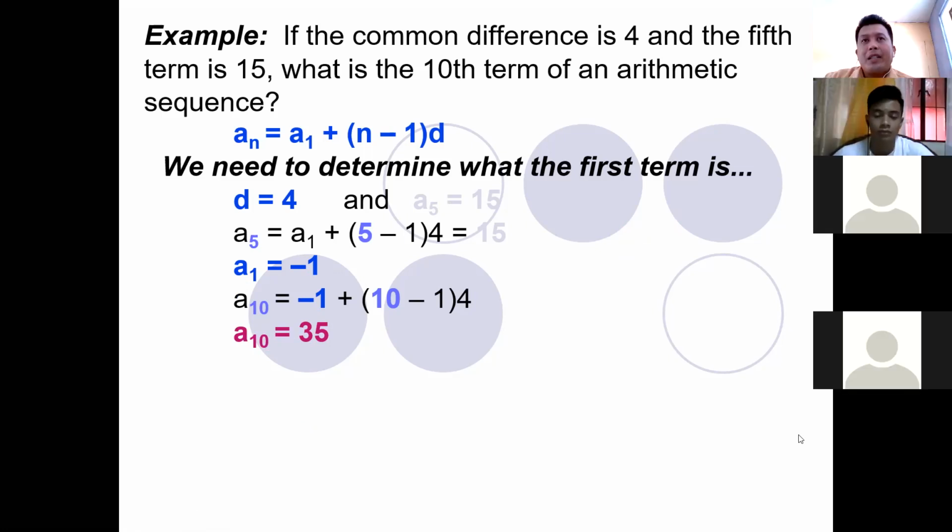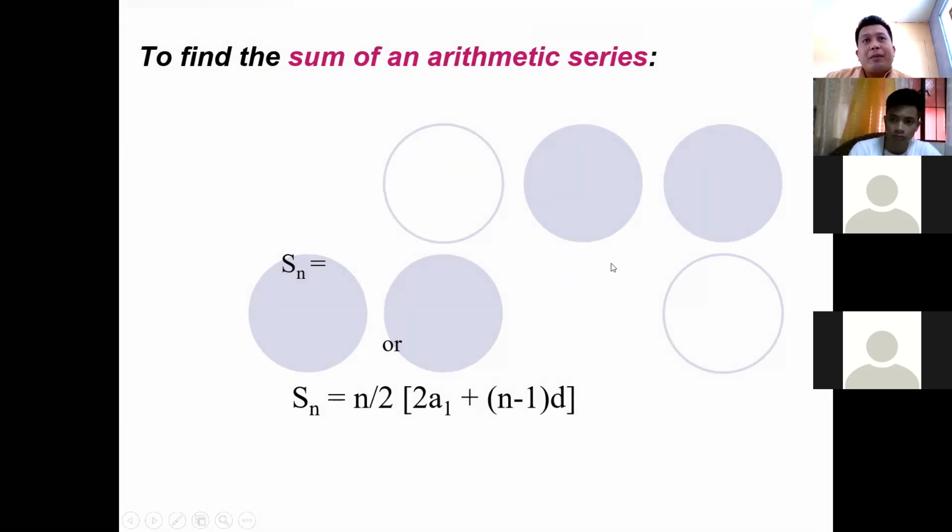So if you have a clarification, class, feel free to unmute yourselves. To find the sum of an arithmetic series, we use the formula: the sum of an arithmetic series is equal to n over 2 quantity 2 times the first term plus n minus 1 times d.